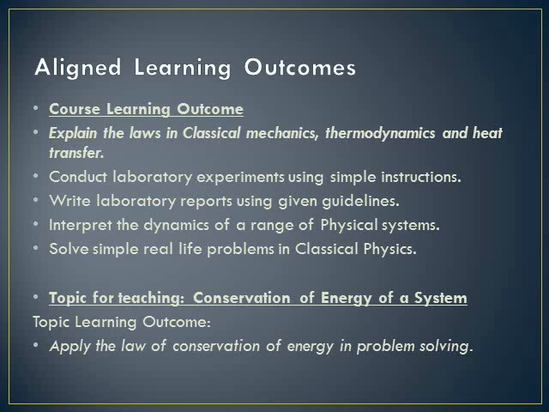Next, the learning outcome is to conduct laboratory experiments using simple instructions and also be able to write laboratory reports given the guidelines. Together with that, the students are expected to interpret the dynamics of a range of physical systems and finally solve simple real-life problems in classical physics.